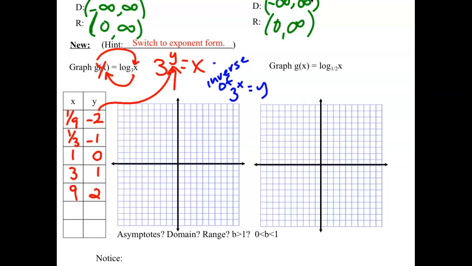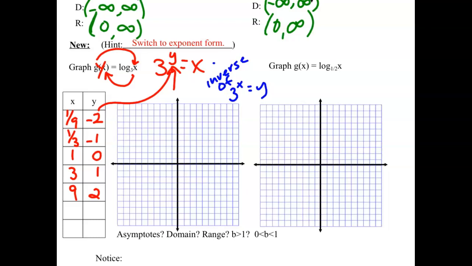All right, let's plot our points. So we're over 1/9 and down 2. We're over 1/3 and down 1. 1, 0, 3, 1, and 9, 2. So instead of with our exponential graph here having a horizontal asymptote at 0, when we do the inverse, we now have a vertical asymptote at 0.